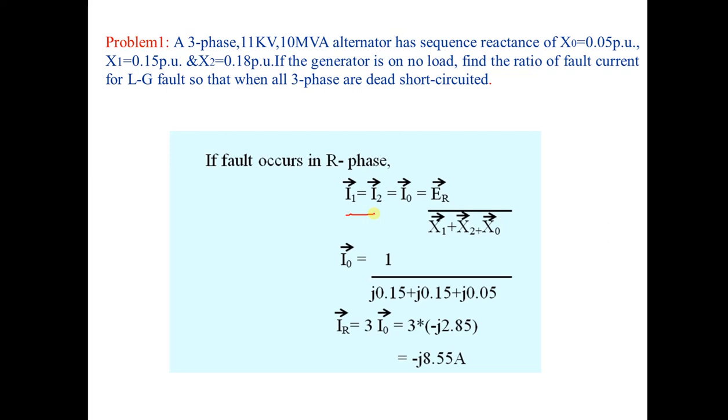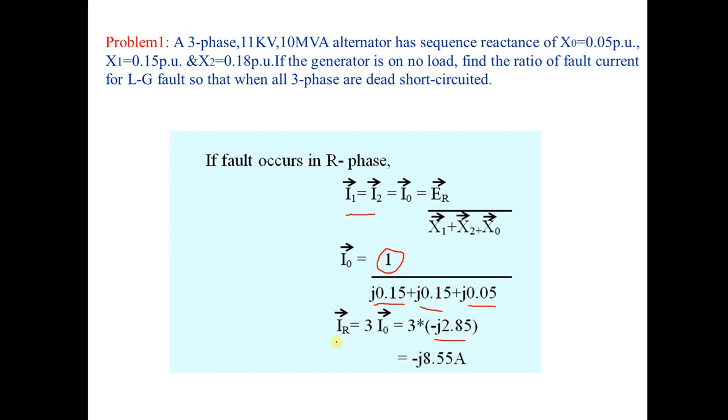Suppose the fault is on the R phase. Here we take the EMF ER as reference, so ER will be equal to 1. So I0 equals 1 divided by the sum of the given values X1, X2, X0. After adding all together, the answer obtained is minus J 2.85.